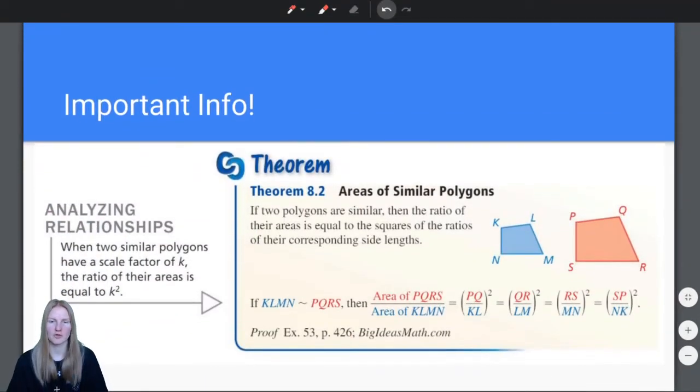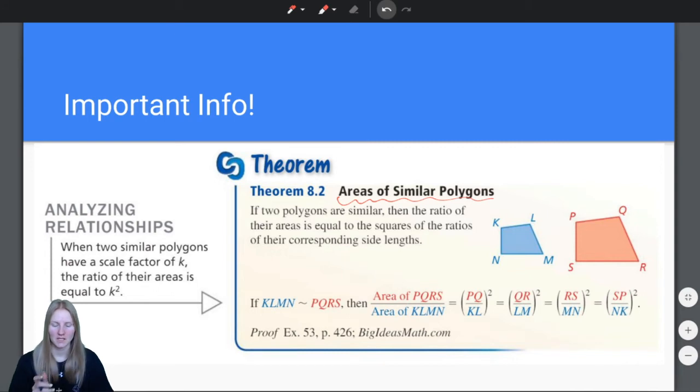Another theorem for today. This is the second piece of important information, and then we'll move on to our last example. So, areas of similar polygons. Remember that the learning target and the success criteria mentioned finding the perimeter and area of similar polygons.